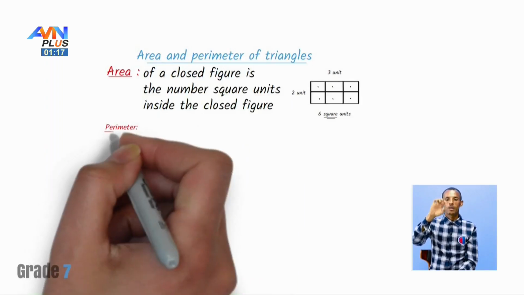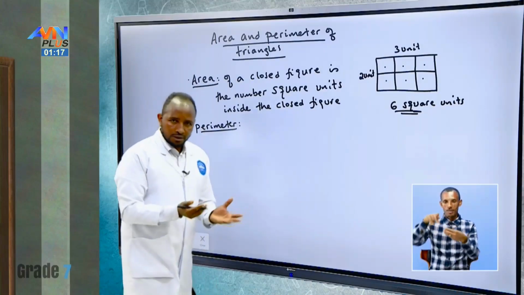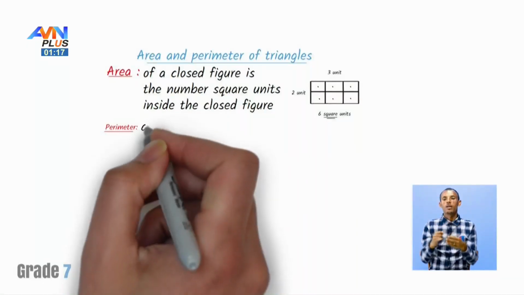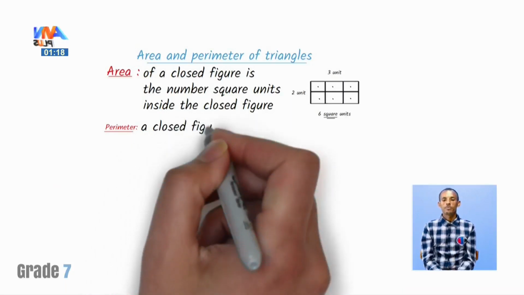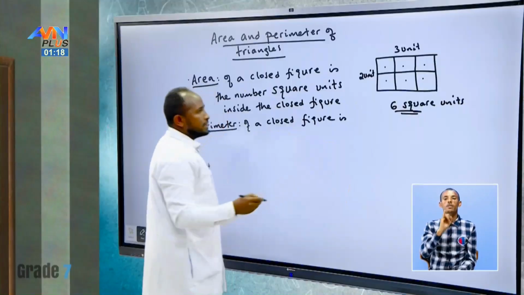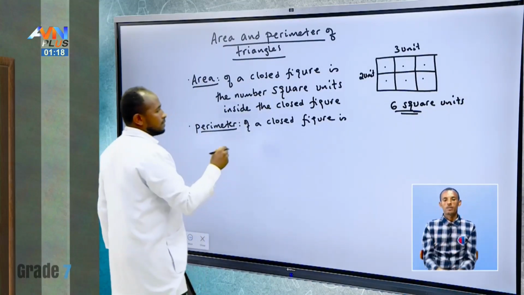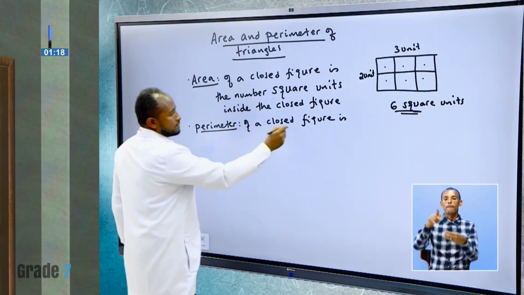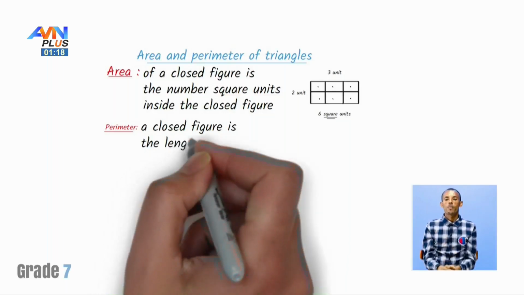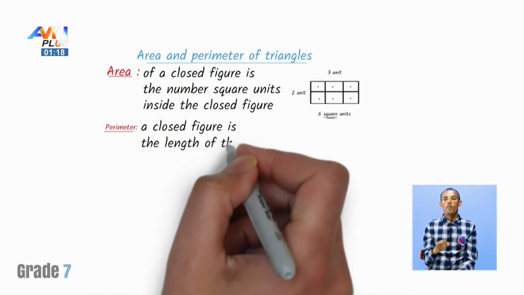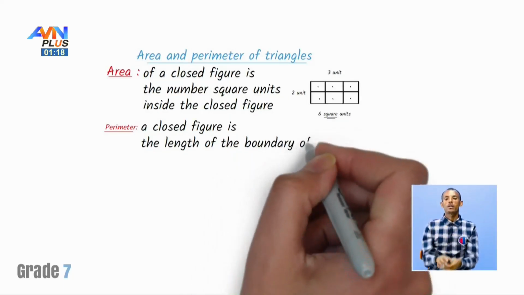Perimeter of a closed figure is the length of the boundary of that closed figure, the length of the boundary of the figure.